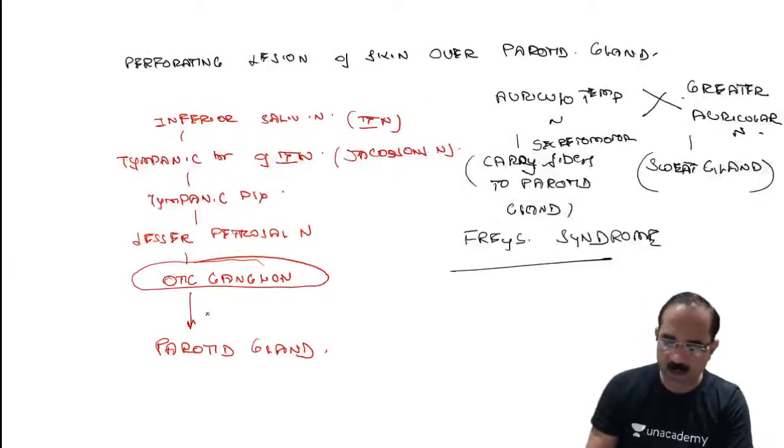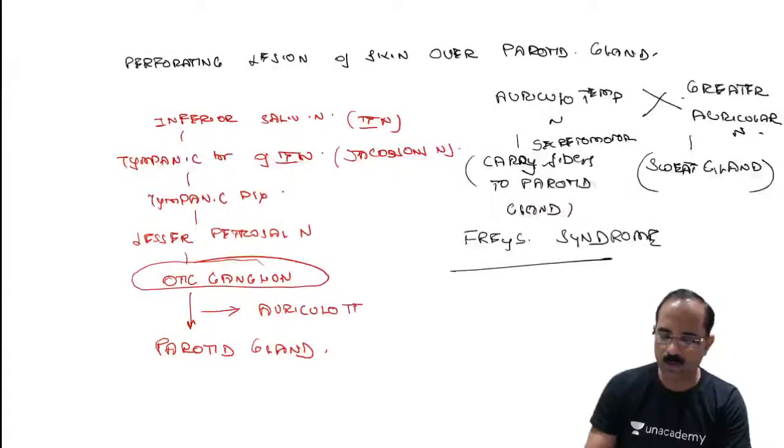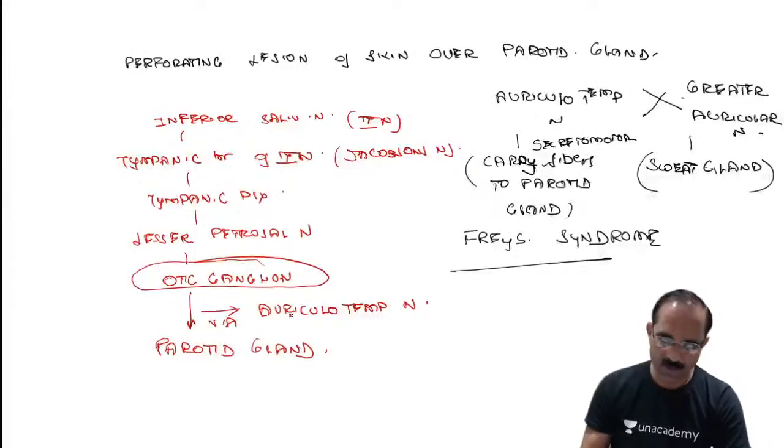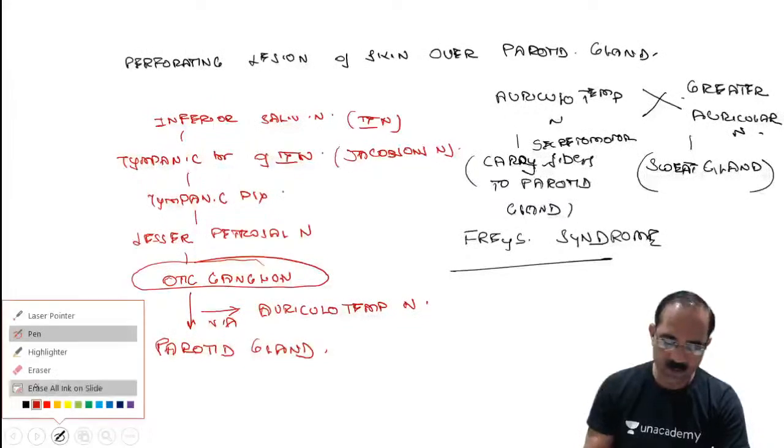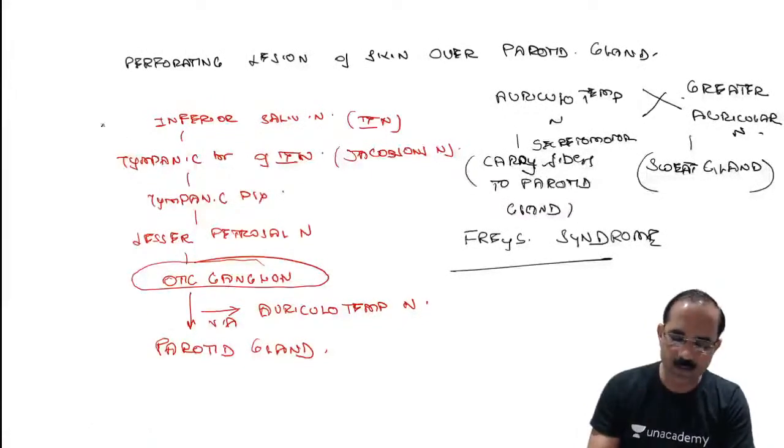And who carries these fibers? This is carried by the auriculotemporal nerve. Students, tell me, where is this located? ये कहाँ पे है? This is in the brainstem.